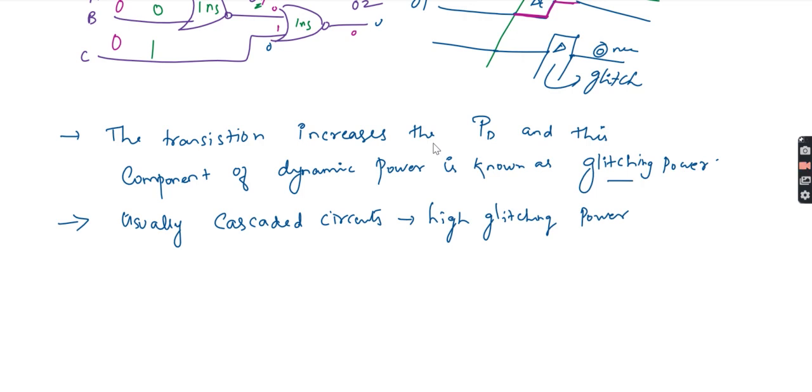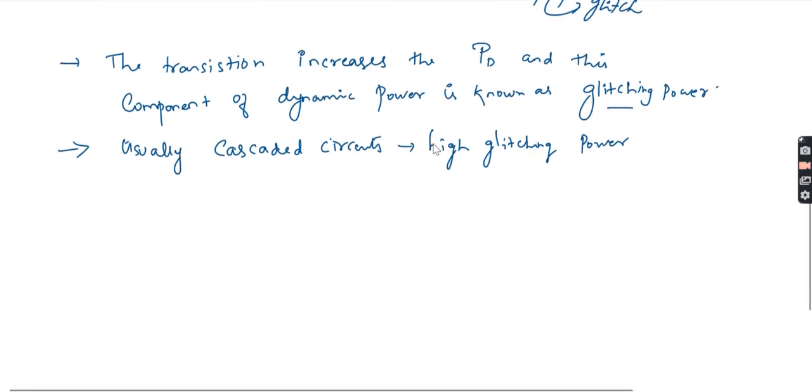So cascading gives high glitching power. Now how to minimize that?